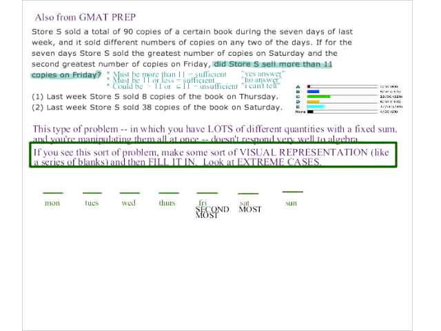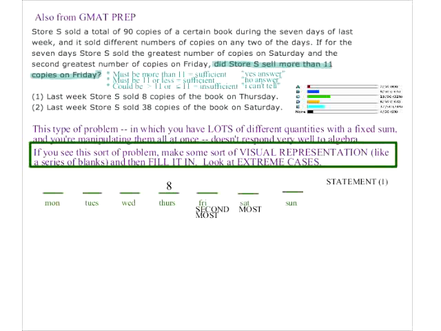All right, so here's what we're doing here. Total of 90. Let's look at statement 1 first. Did they sell more than 11 copies? Well, we know that they sold 8 copies of the book on Thursday. And then this is what you're interested in.